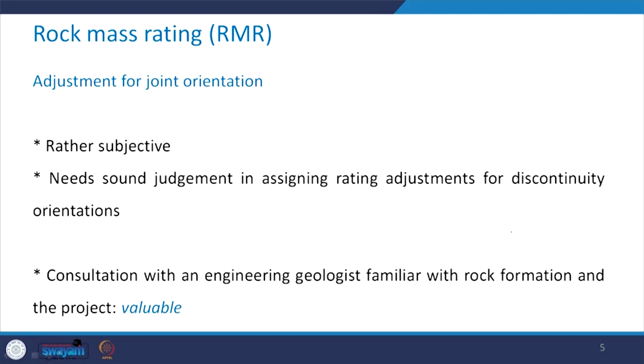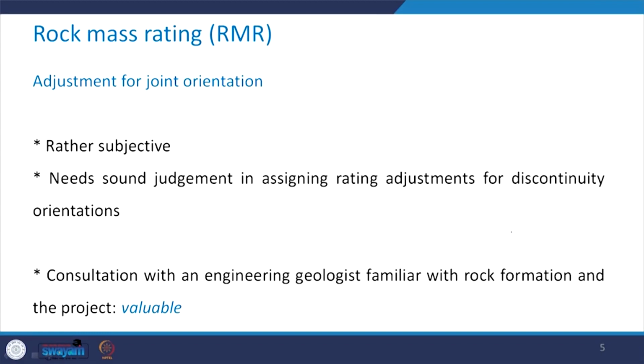So these are rather subjective. How will we be able to decide whether it is unfavorable, not that unfavorable, favorable, or fair? That is very subjective.